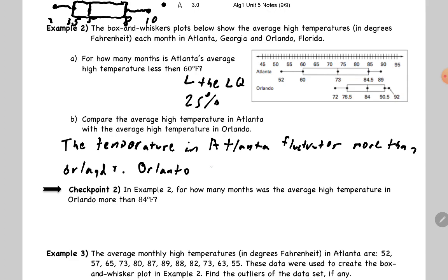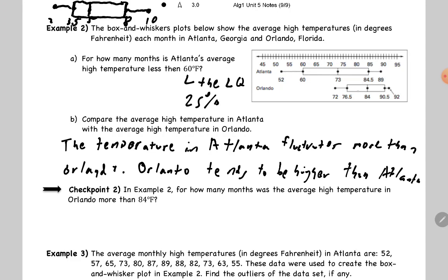Orlando tends to be higher than Atlanta. So if you look at Orlando, most of its readings is between 76.5 and 90.5, while Atlanta's ranges from 60 to 84.5.